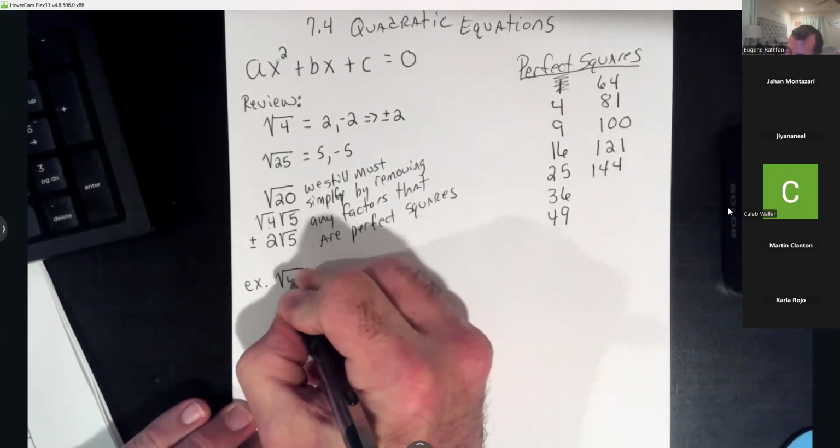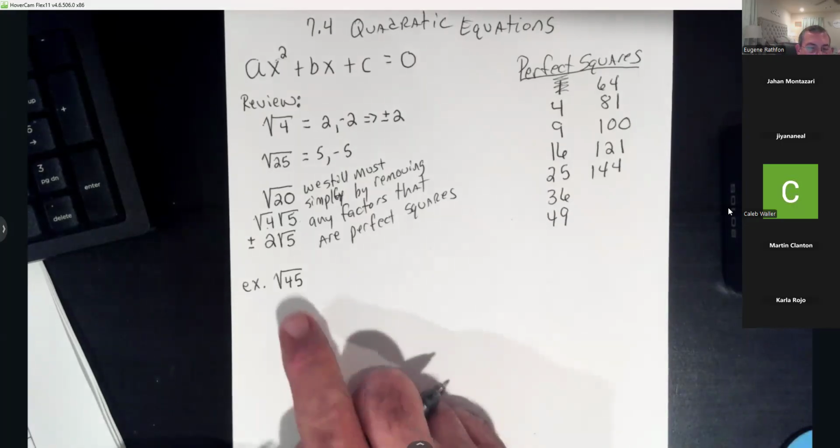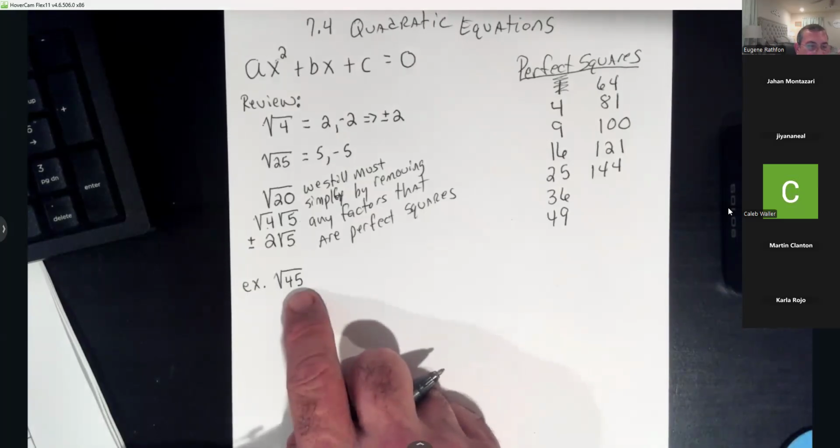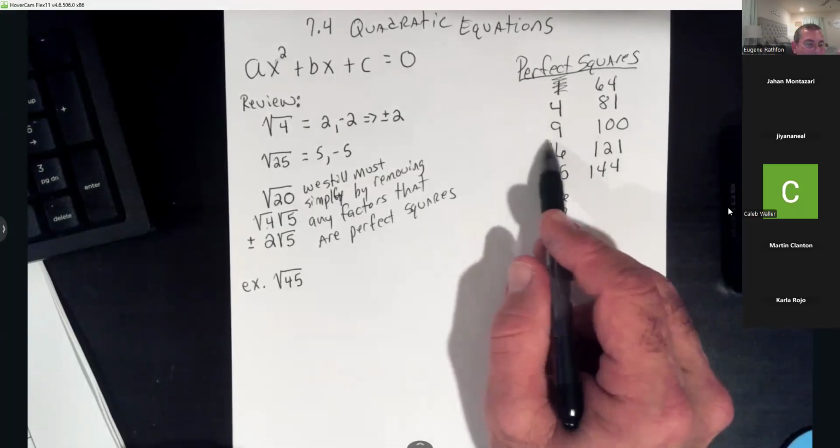Square root of 45. 45 is not a perfect square, but does it have a factor that is a perfect square? And y'all are saying, yes, it does, because there's a 9 sitting here.